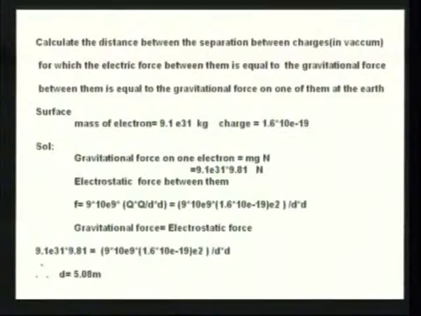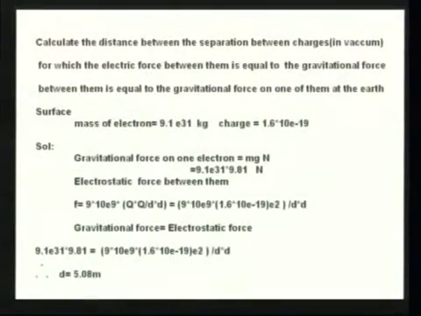Solution. Gravitational force on the electron equals mg newtons, that is 9.1 into 10 to the power of minus 31 into 9.81 newtons.